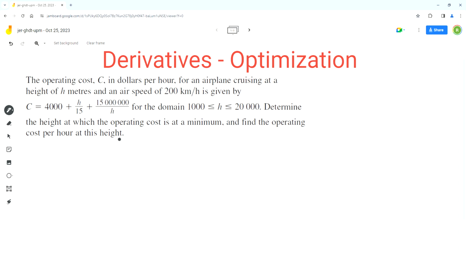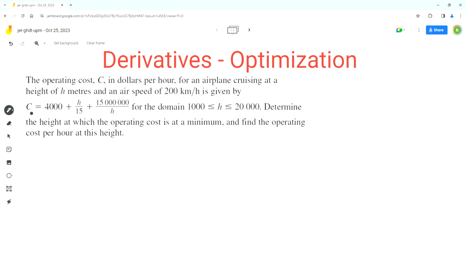So in this problem, we have to find the height at which the C value is a minimum. Now we know that the C value will be at a minimum at a point where the tangent is horizontal, because at those points the C function will form valleys in the graph.